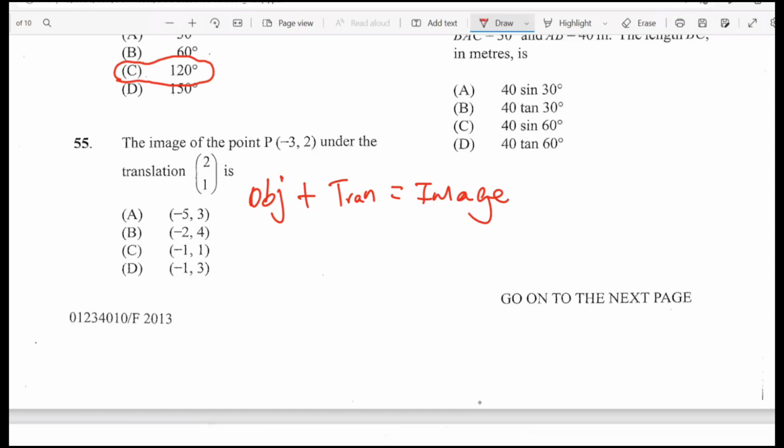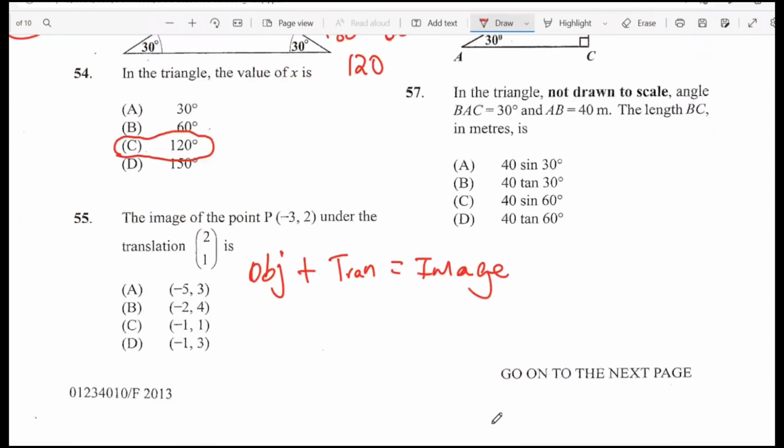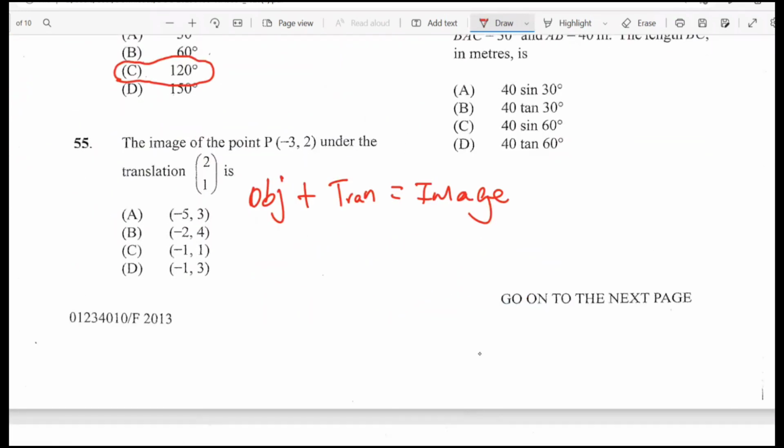This is like a general formula that we can use. So it says the image of the point P. The image of the point P is, we don't know it, it's a question mark.